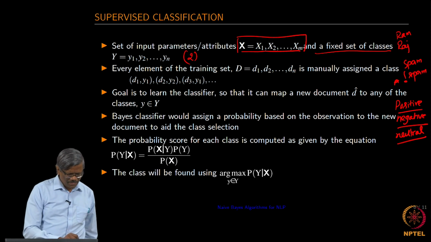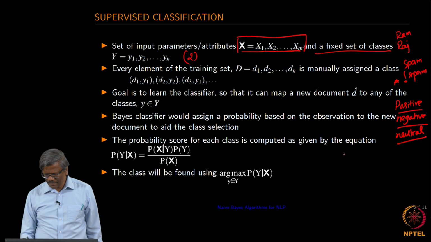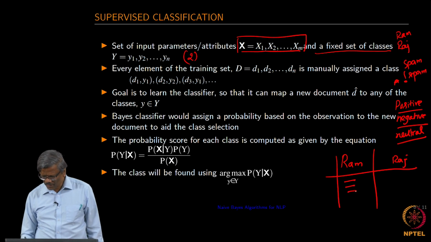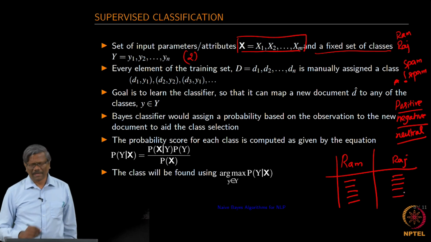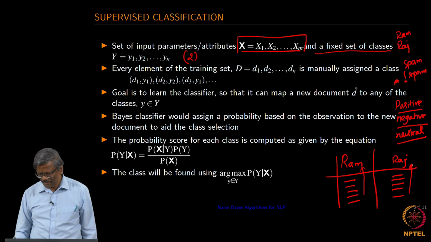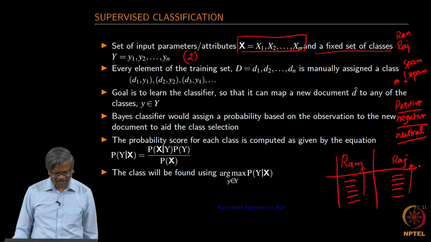So we have a set of emails and we have assigned each one a class. That is the manual assignment that we have made.